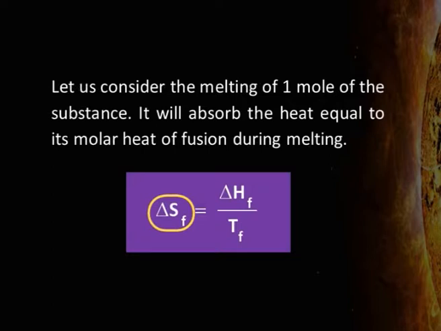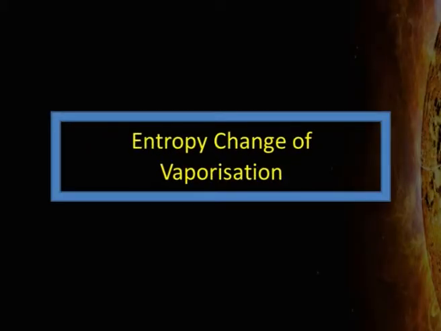and delta SF is the change in entropy of fusion. Now we will discuss entropy change of vaporization. If 1 mole of the substance vaporizes at its boiling point, it will absorb heat equal to molar heat of vaporization at a constant temperature, which will be equal to its boiling point.